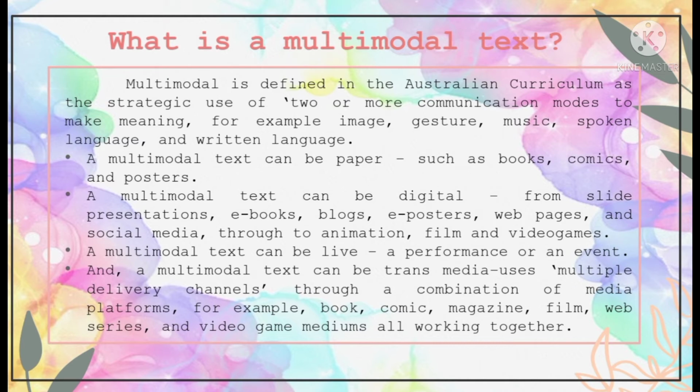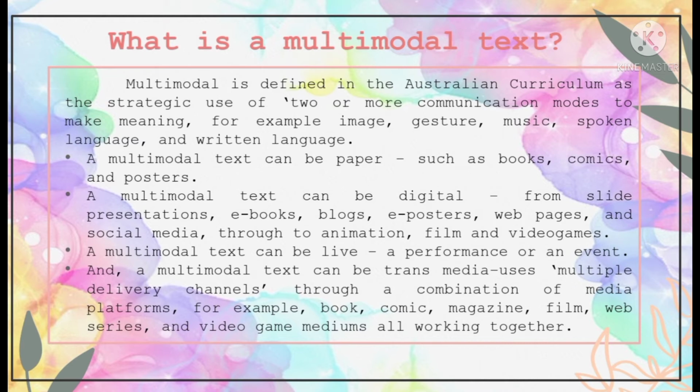A multimodal text can be paper, such as books, comics, and posters. A multimodal text can be digital, from slide presentations, e-books, blogs, e-posters, web pages, and social media, through to animation, film, and video games.